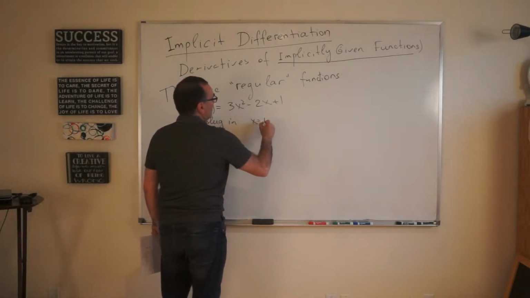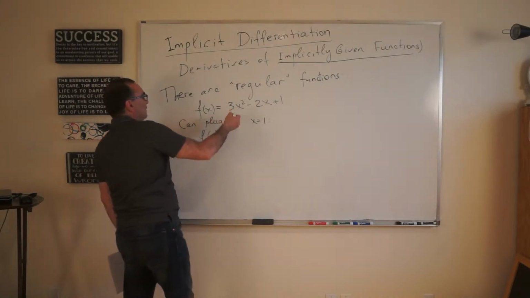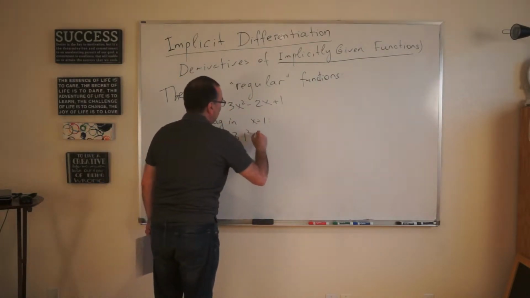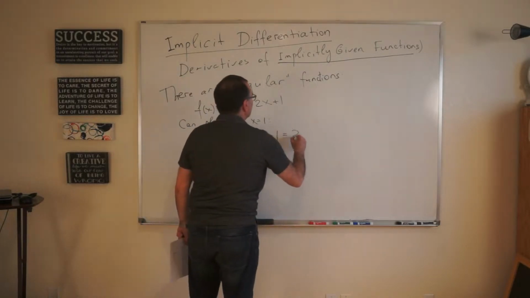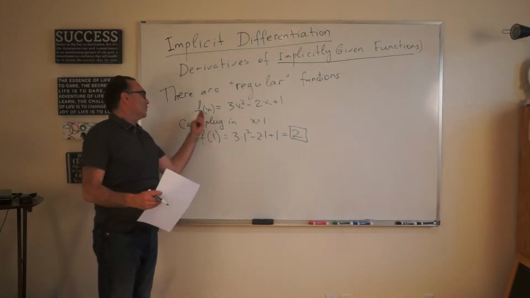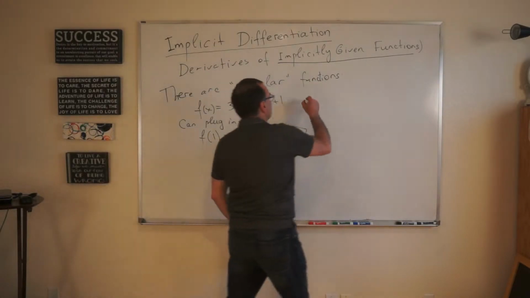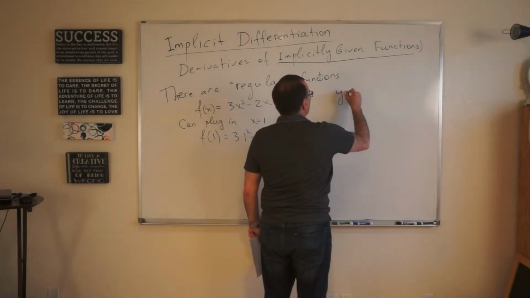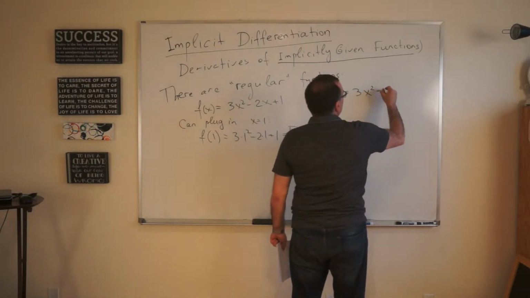Say x equals 1. And then we get f of 1 equals 3 times 1 squared minus 2 times 1 plus 1. So 3 minus 2 is 1, plus 1 is 2, so 2 is the function value. Or instead of the function notation, f of x could be y, so it could be like this: y equals 3x squared minus 2x plus 1.